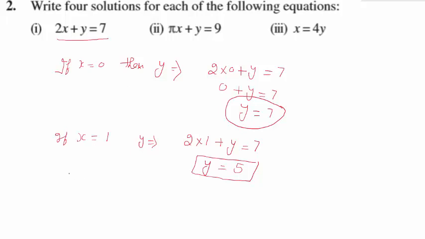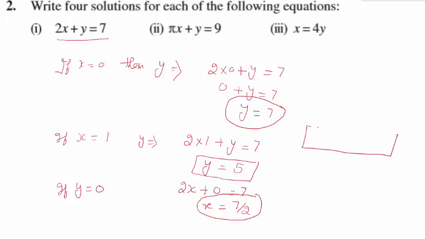Similarly, you can find the value of x and y for x equal to 2, 3, 4, as many values as you want to try. Now if y is 0, then 2x plus 0 equals 7, and x will be 7 divided by 2. So these are the solutions. We can write in the form of a table.